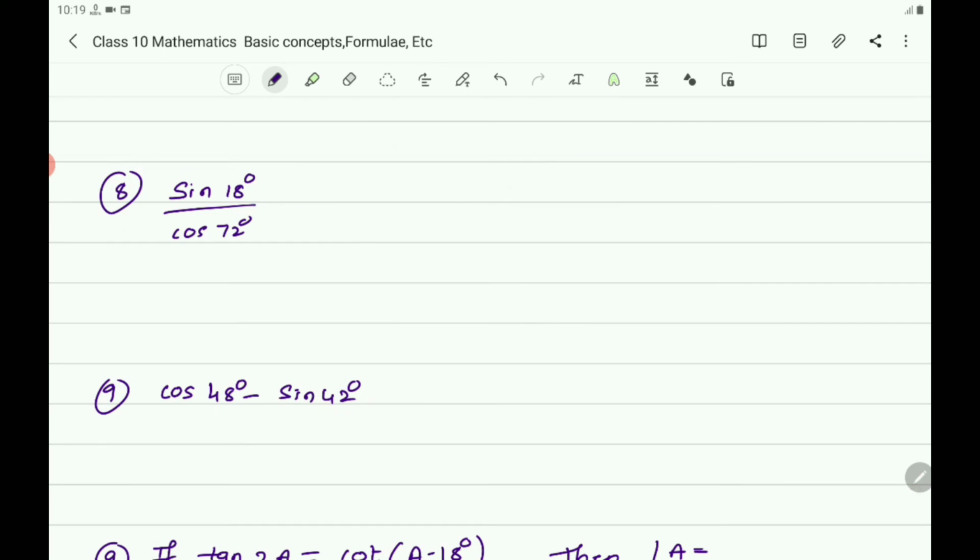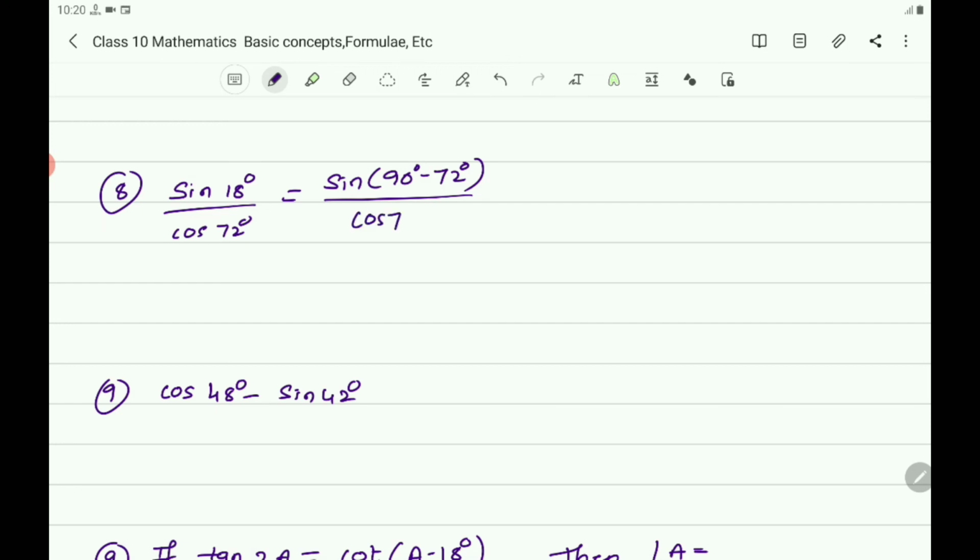Sin 18 by cos 72. Here you observe the sum of these two, they are complementary. You know that complementary of sin theta is cos theta. Complementary of cos theta is sin theta. So here you can write sin 18 degree can be written as cos 72 degree, or also, if you want to know the steps, you write it as sin of 90 degree minus 72 degree, because 18 degree can be expressed in terms of 90 minus 72 degree.